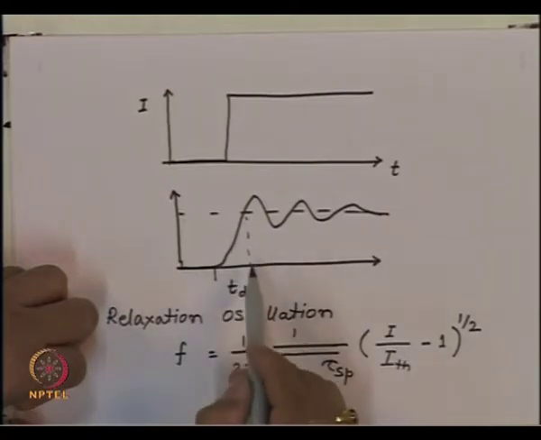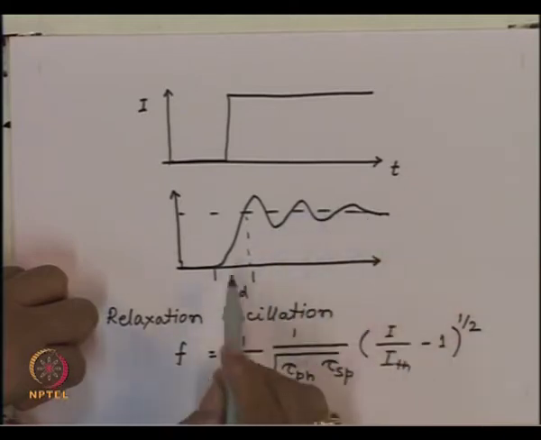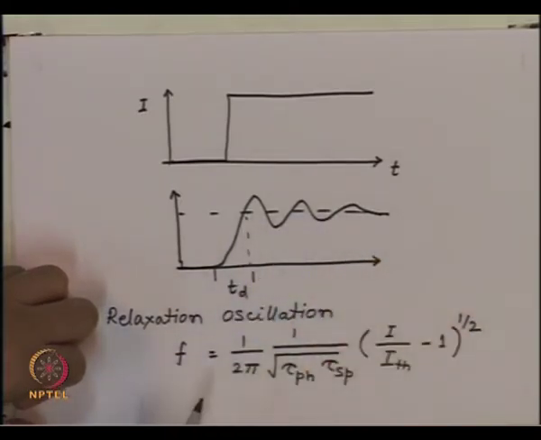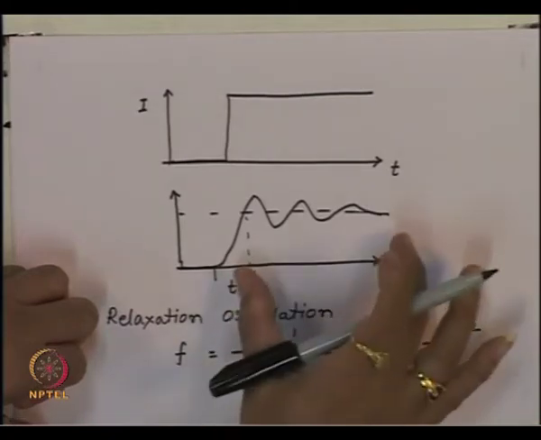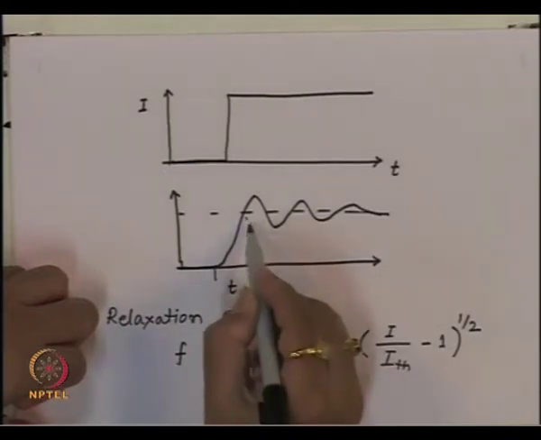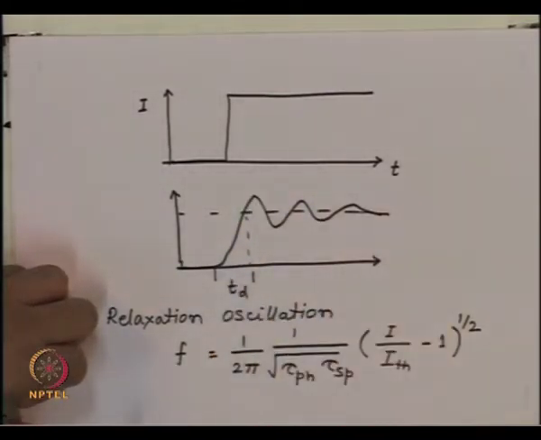If you consider a pulse period which is much larger compared to this period of oscillation, then you will get a stable output here. But if that period is smaller compared to this, then you will not get a flat top pulse, but there will be some distortion on the pulse.